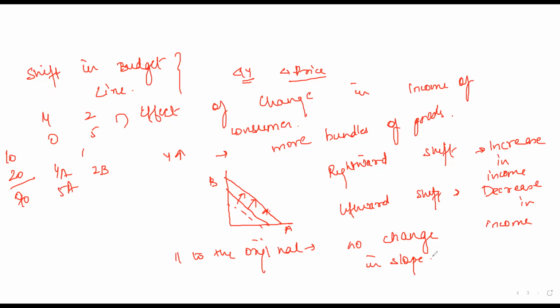Correct. Now let us take the impact of the changes in prices. Let us see if there is a change in prices, then what happens? Now there can be three situations in this also.